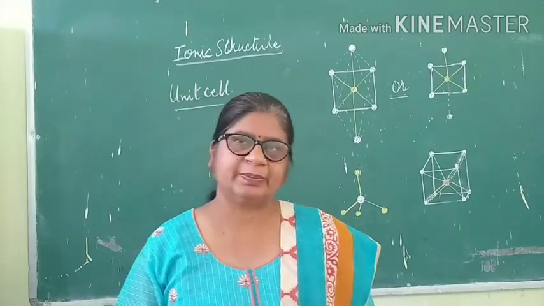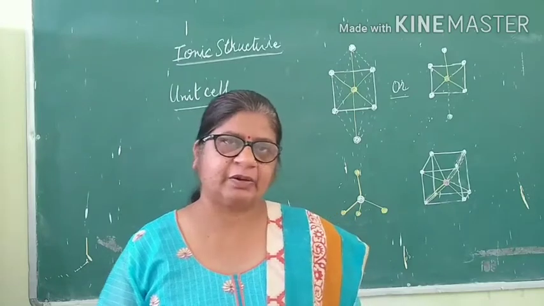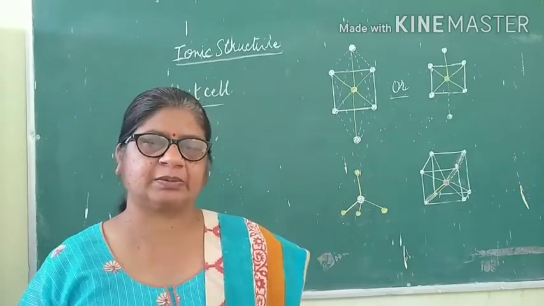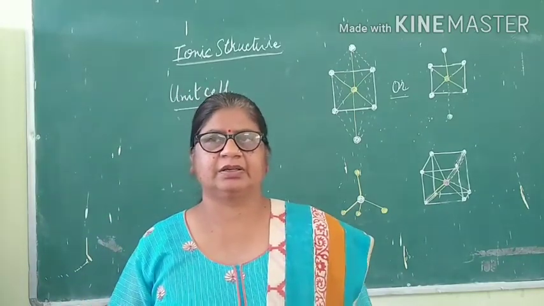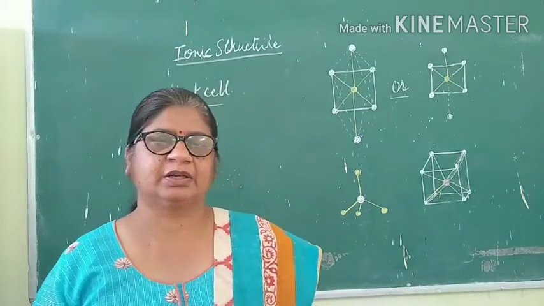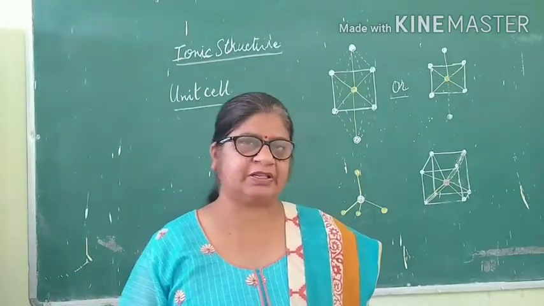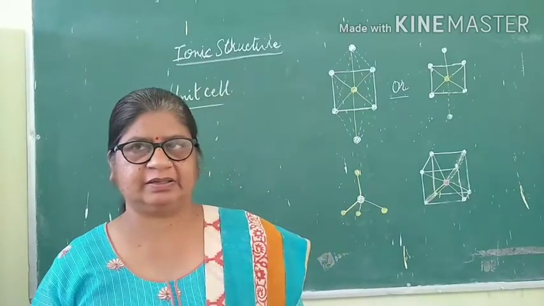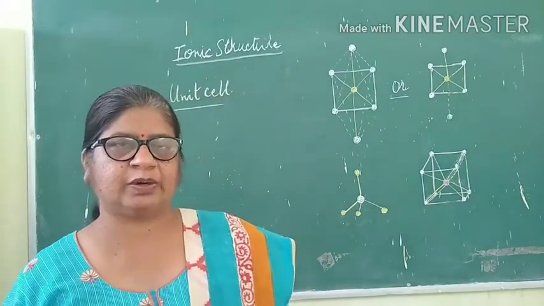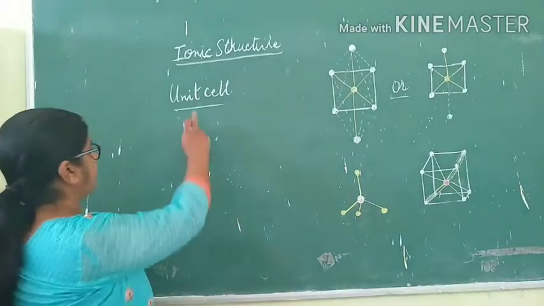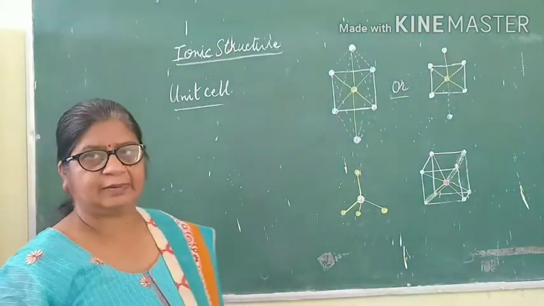Now, what is this basic unit? The basic unit is the smallest unit of the lattice which represents the entire property of the crystal. This basic unit is known as the unit cell.